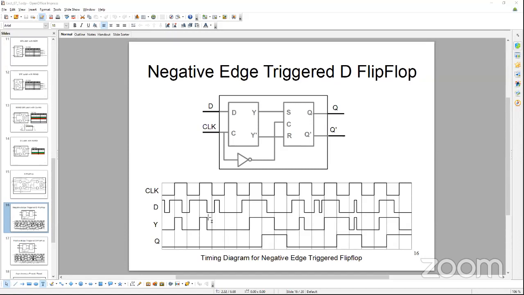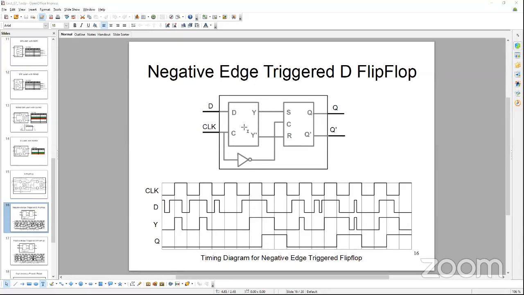So Y is following D only in the window when the clock is high. You can observe it in this timing diagram as a behavior. It's true always, right? Any questions so far? All right. Now we move on to the next one.